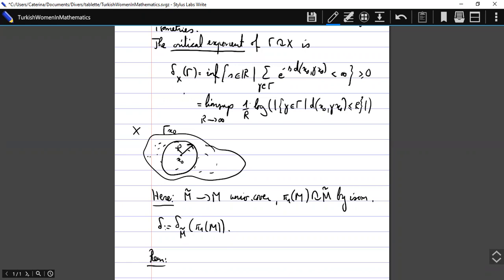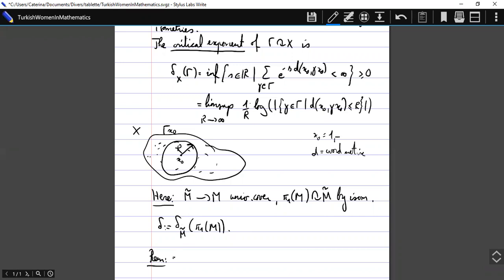The critical exponent of this action is the limsup as r tends to infinity of 1 over r log of the number of gammas that make this distance smaller than r. If you take x0 to be the unit in your group and d to be the word metric, here you are counting how many elements are in the ball of radius r in your Cayley graph. So actually this is what we call the exponential growth of the group gamma, the logarithmic growth rate of the group gamma.